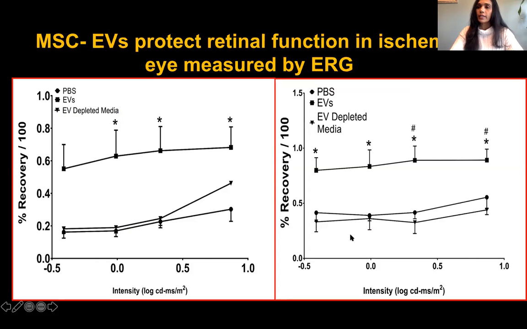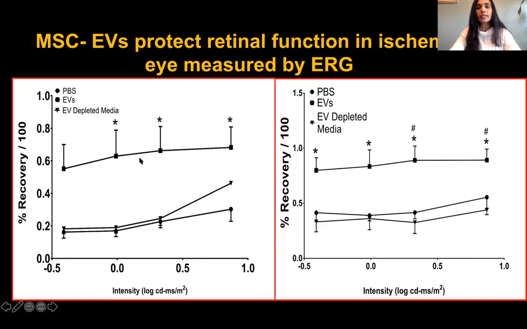So here is our data. When we did ERG on our rats, there were three different conditions. This is the PBS injected ischemic eye, and we also used EV depleted media. That is, after we isolate the particles from the conditioned media, the leftover media is the EV depleted media, and then the EVs are injected.